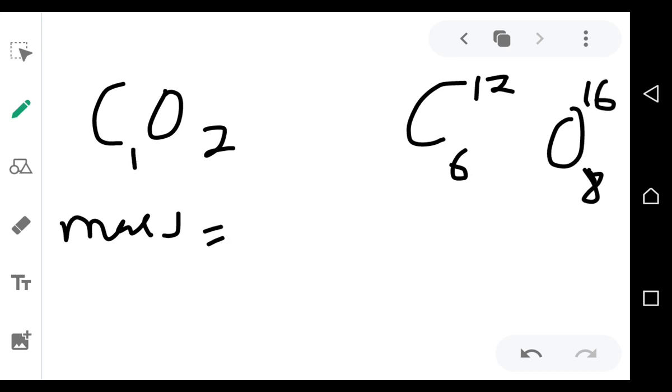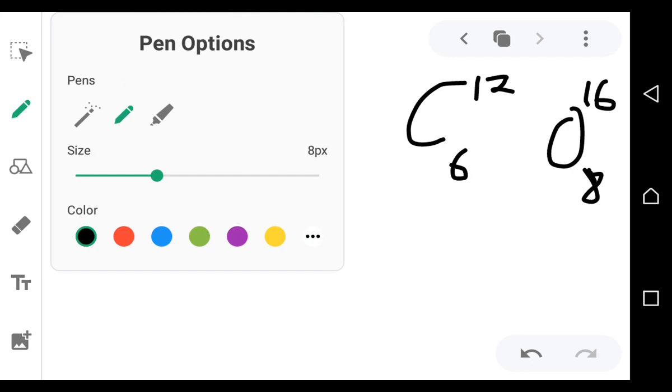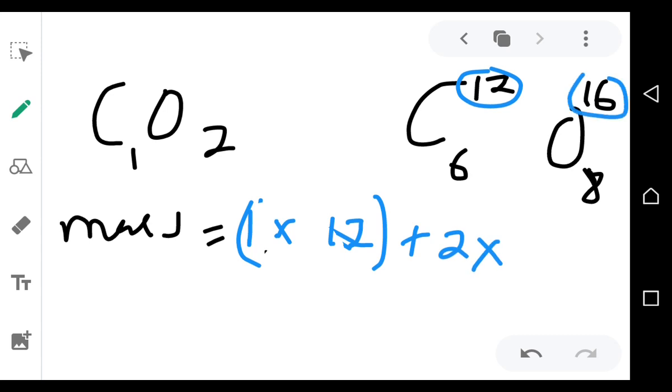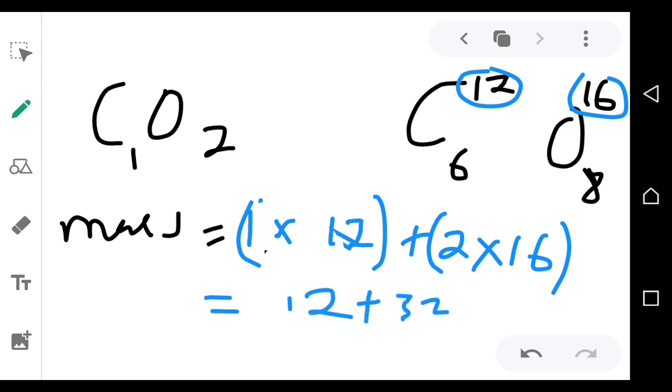So 1 times 12, plus oxygen is 2 times 16. 16 times 2 is 32. 12 plus 32 is 44. So carbon dioxide is 44 grams.